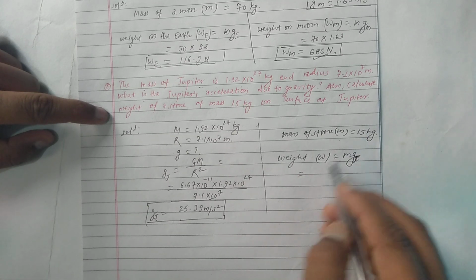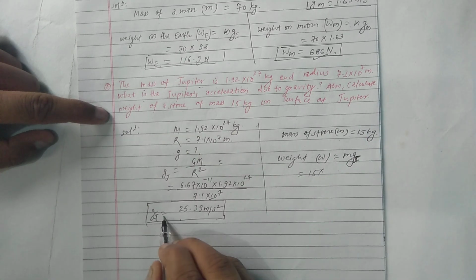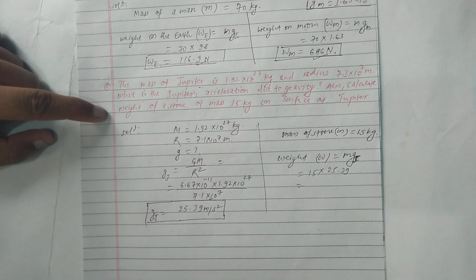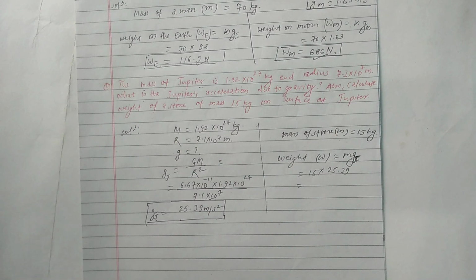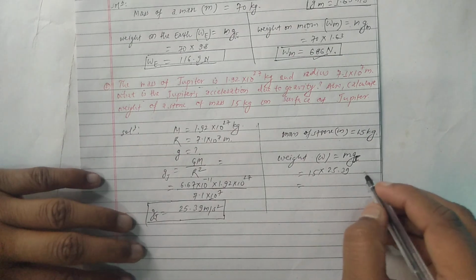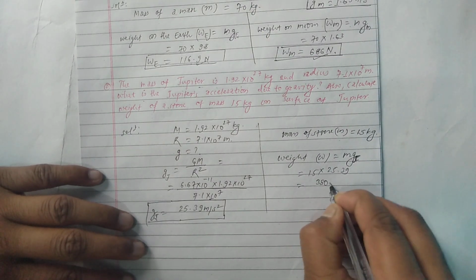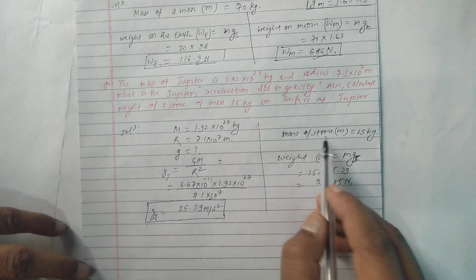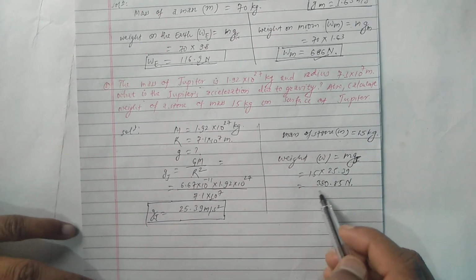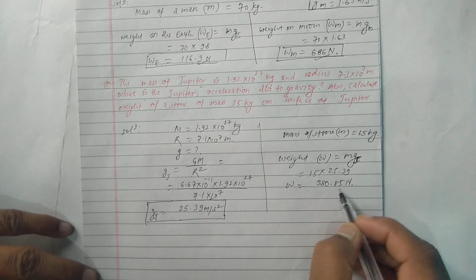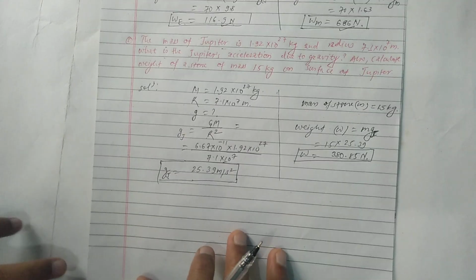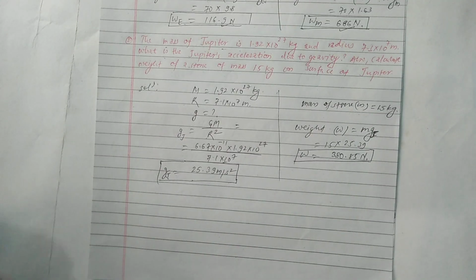So weight equals mg, the value of m is 15 and the value of g is 25.39. This value we can directly calculate from the calculator. So this value becomes 380.85 Newton. Hence the weight of this stone will be 380.85 Newton, which is our required weight. So this much for question number 2.